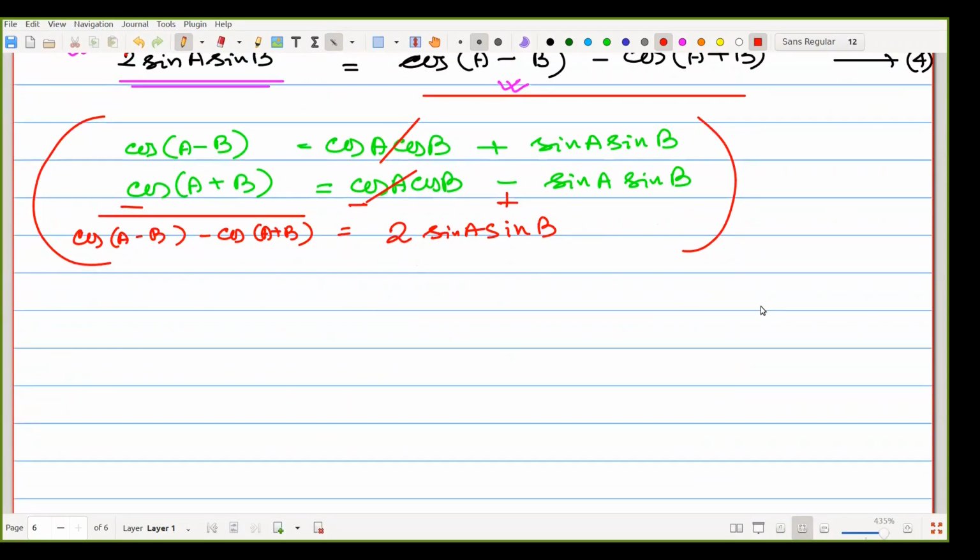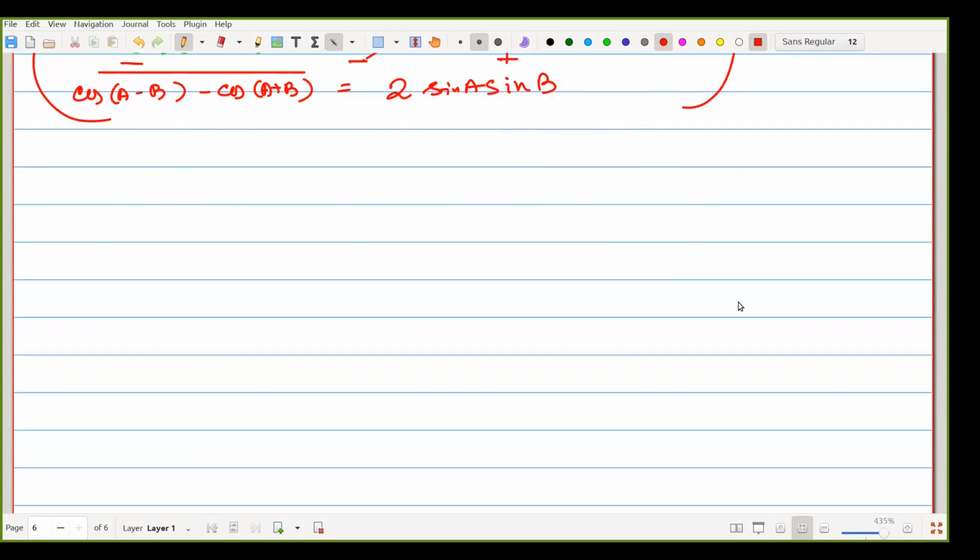So, 1, 2, 3, 4, these four formulas are here.